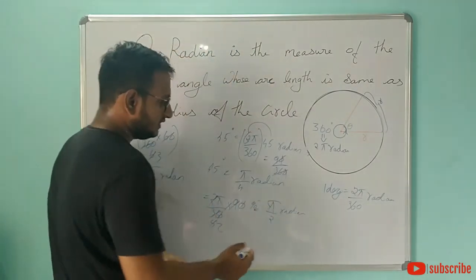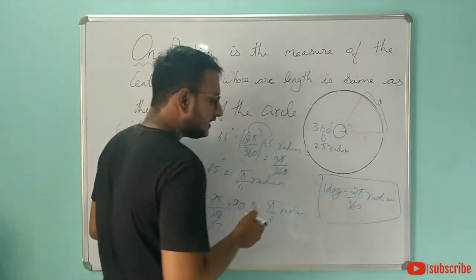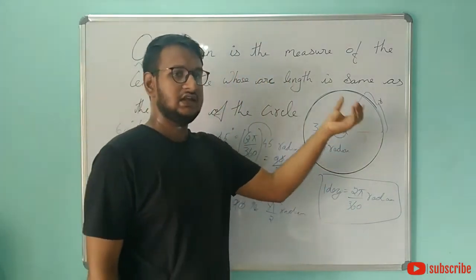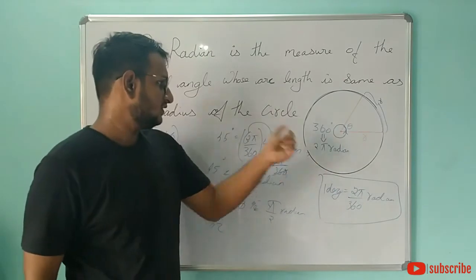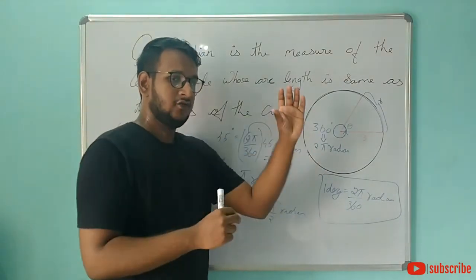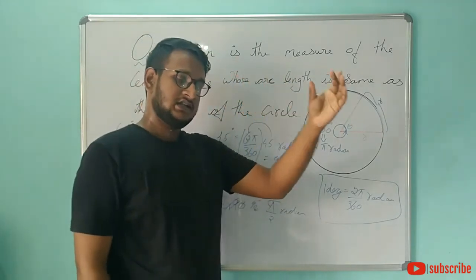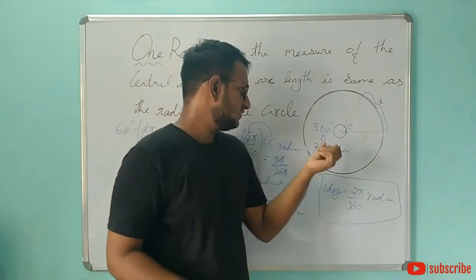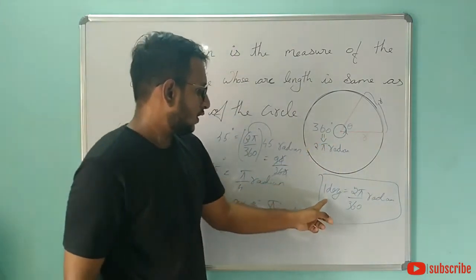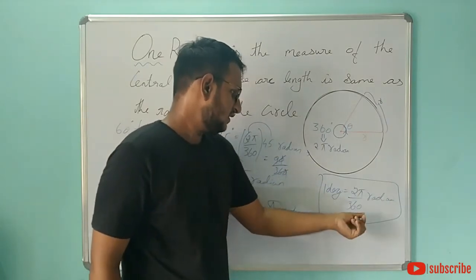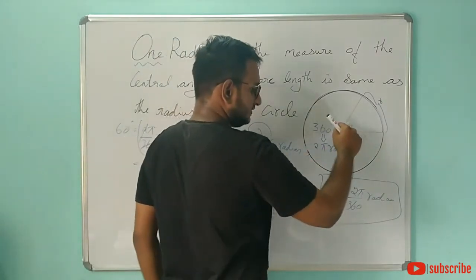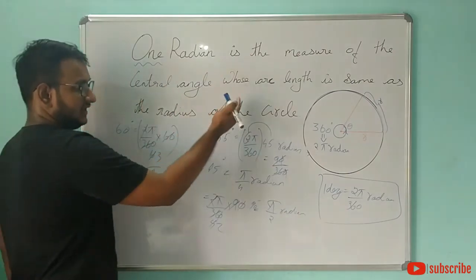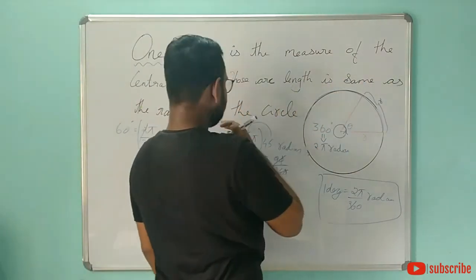So by using this relation, 1 degree is equal to 2 pi by 360 radian, we can find the radian value of any given degree. This is how we get the values in the trigonometry table, with degrees in the top row and radian values in the second row. 360 degree forms the complete circle, and the radian is defined as a central angle whose arc length is the same as the radius of the circle.